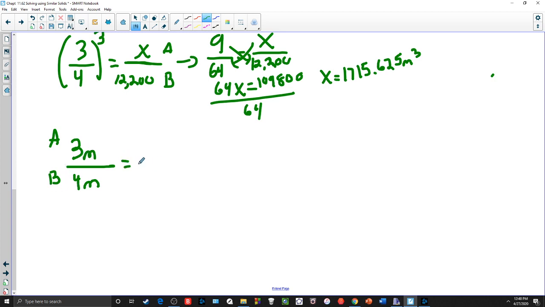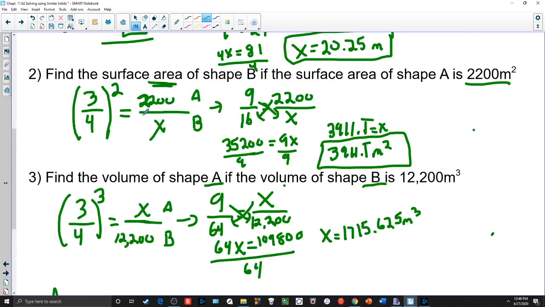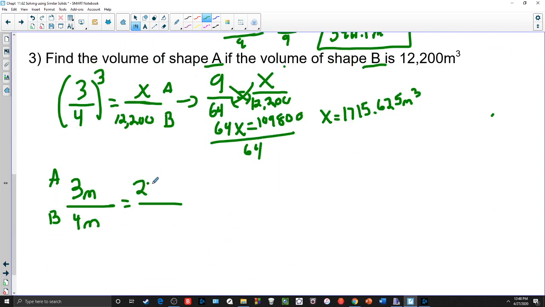But my areas are in square units. Like if I go back up to this one, my area is 2,200 meters squared over x meters squared. So I can't really cross these because these units don't agree. No way I can do this can I get the units to agree.